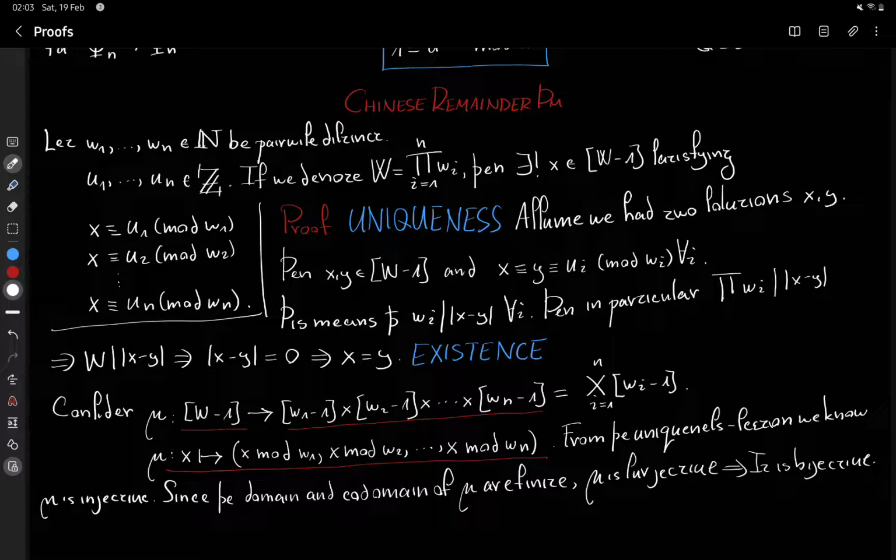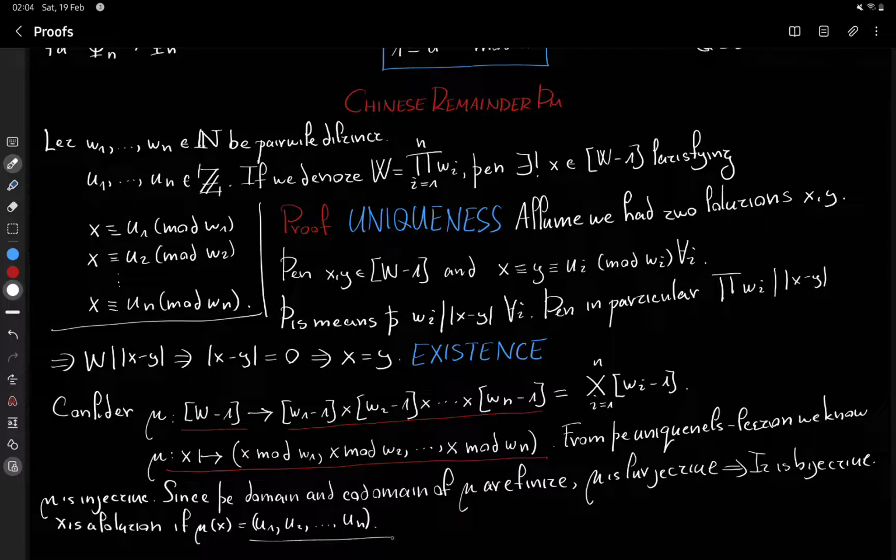So mu is an isomorphism, and now we make a key observation. Essentially, X solves our system of congruences if mu of X is equal to (u1, u2, ..., un).